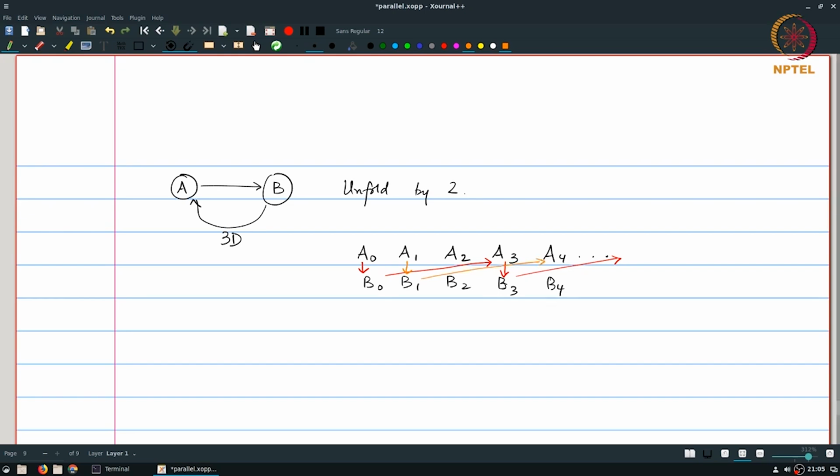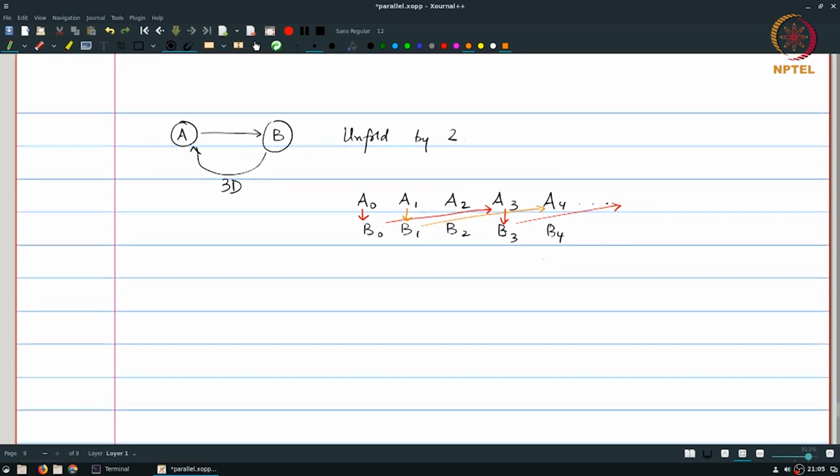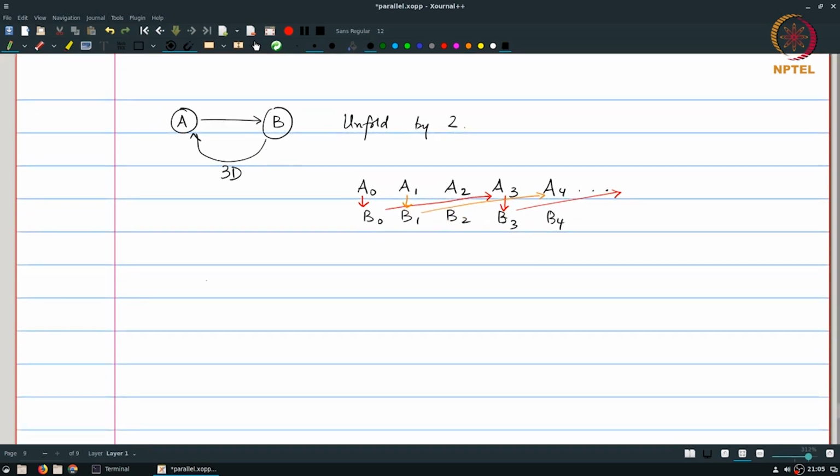Now if I redraw this in terms of my 2 parallel architecture, what I effectively have is, A0, A2, A4, etc. are computed on one node, whereas A1, A3, A5 are computed on another. Similarly, B0, B2, B4 and B1, B3, B5. Now what do the dependencies look like?